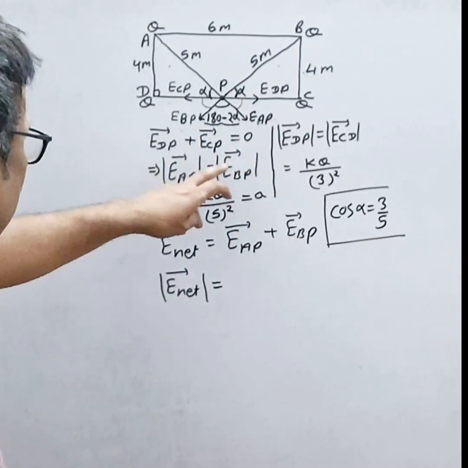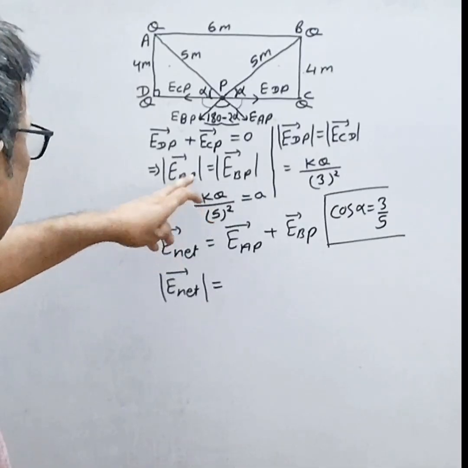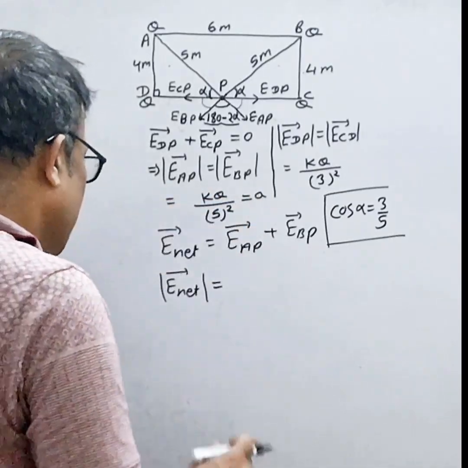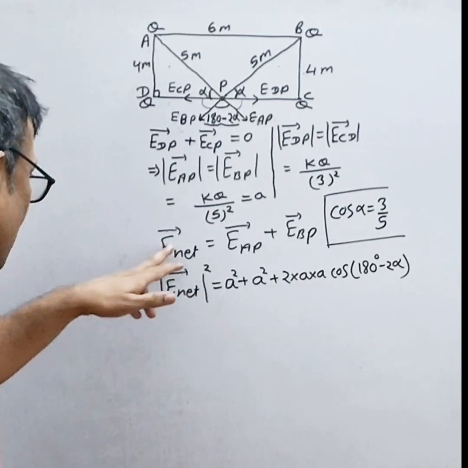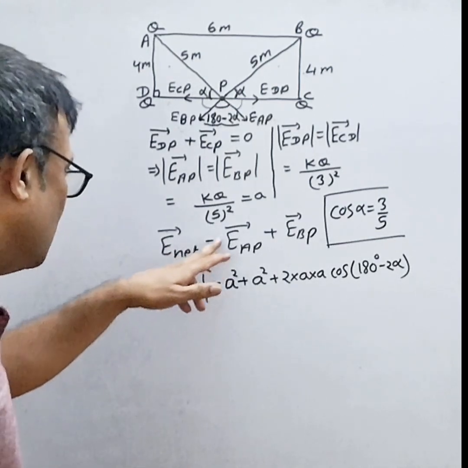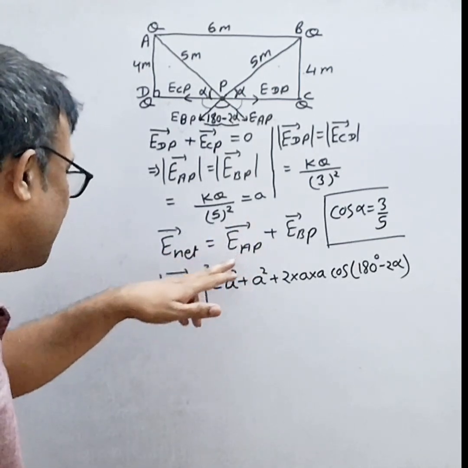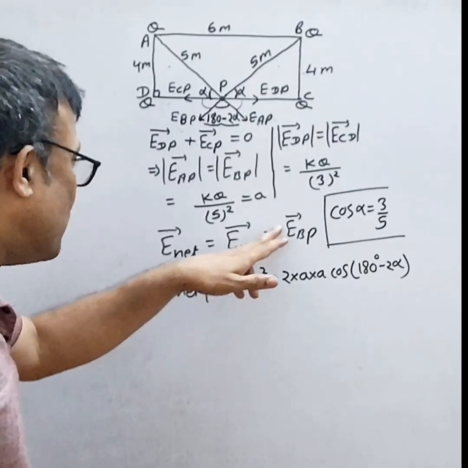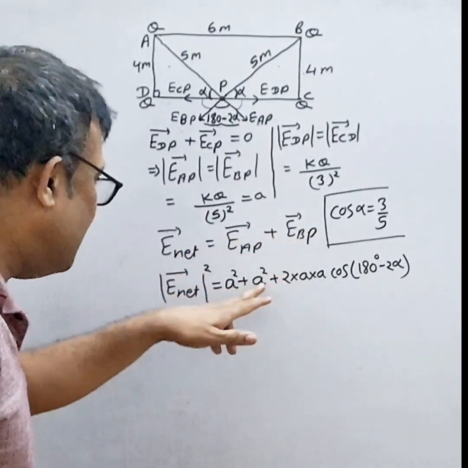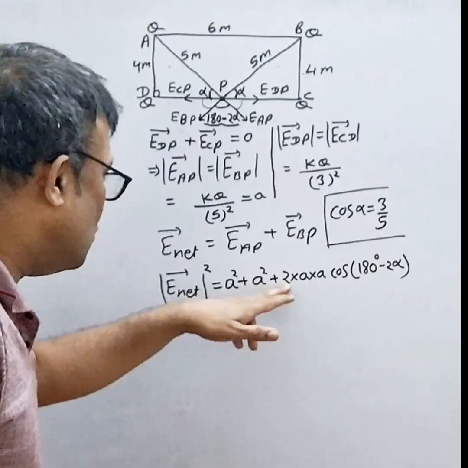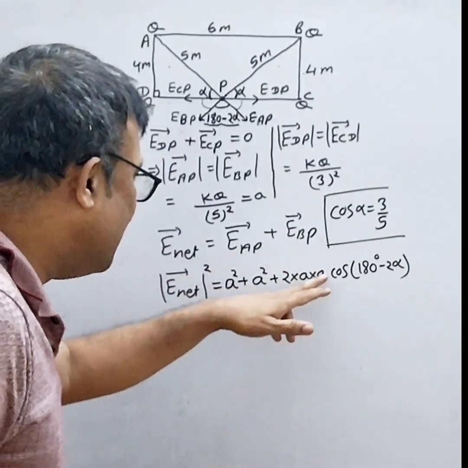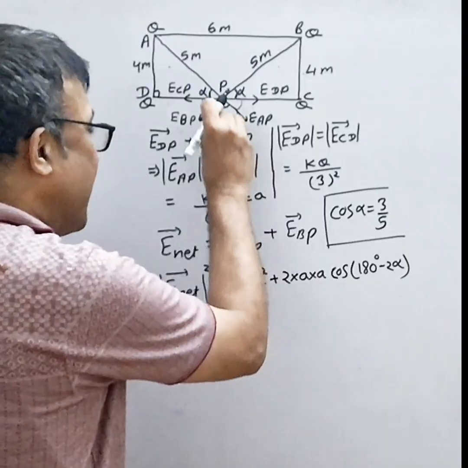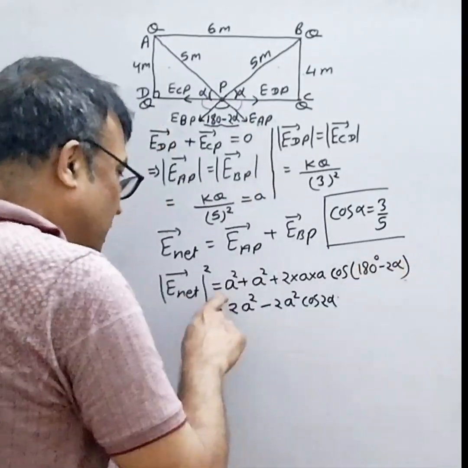As the magnitudes of these two vectors are equal, to make it simple, we assume it A. So using the parallelogram law, the square of the magnitude of the net electric field will be equal to the square of the magnitude of this electric field, which is A square, plus the square of the magnitude of this electric field, which is also A square, plus 2 into the magnitude of this vector into the magnitude of this vector into the cosine of the angle between these two vectors. Now we solve it.